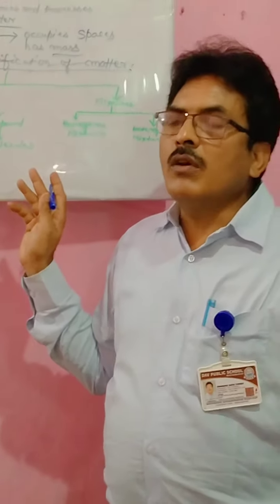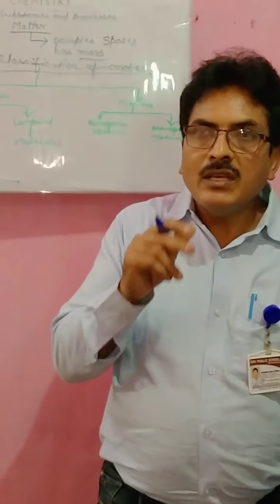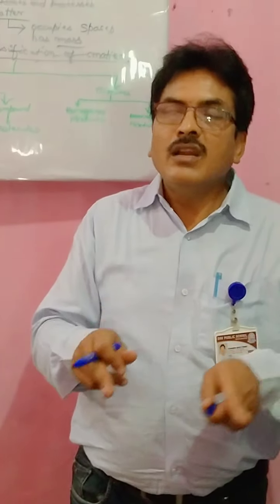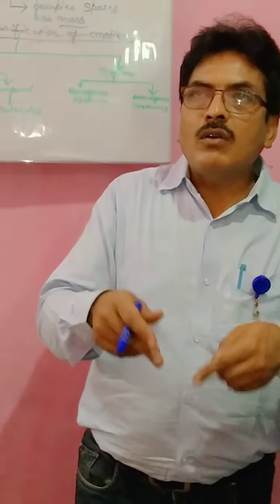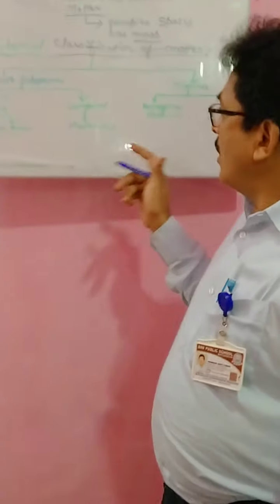Now, molecule: molecule is the smallest particle of the compound which cannot take part in the reaction but can exist in the free state. It is made of one or more than one atoms, right? So it is about the molecules.